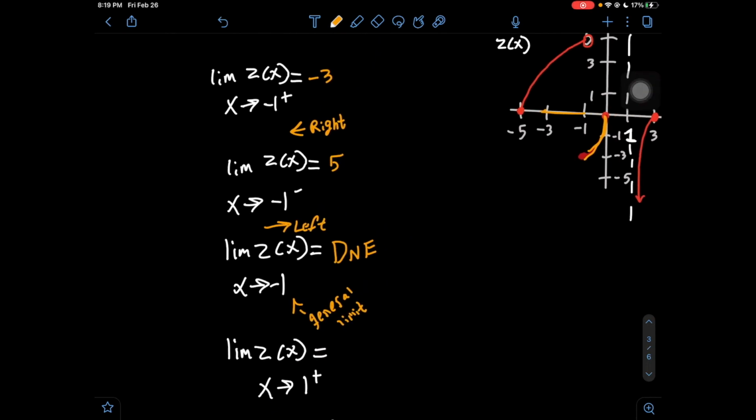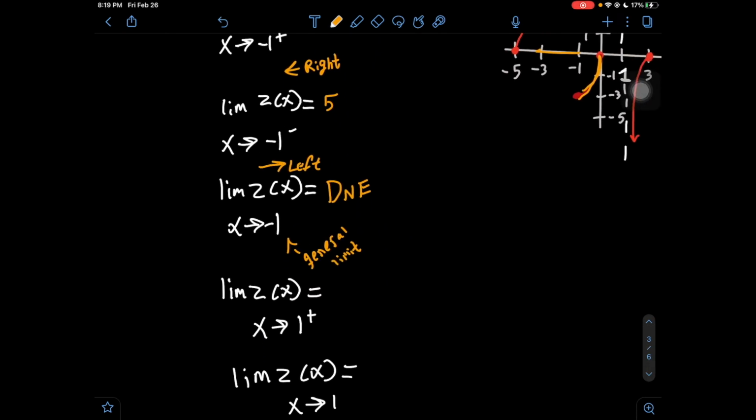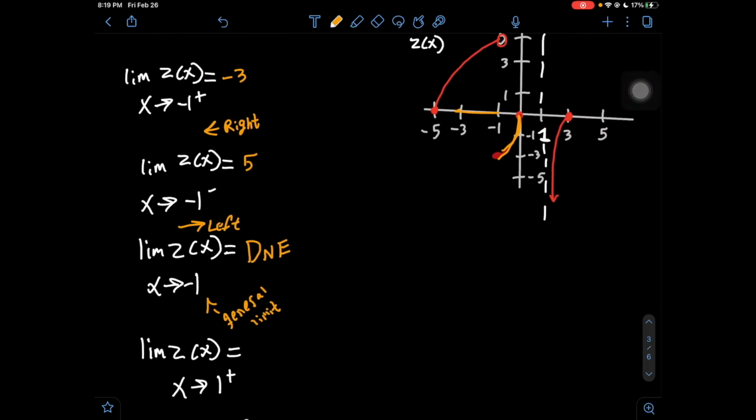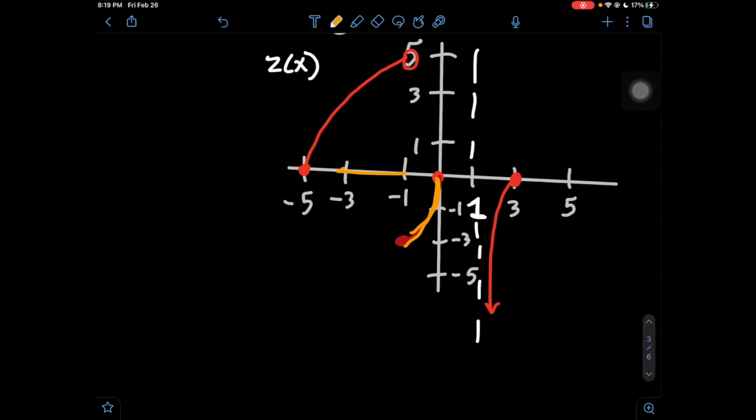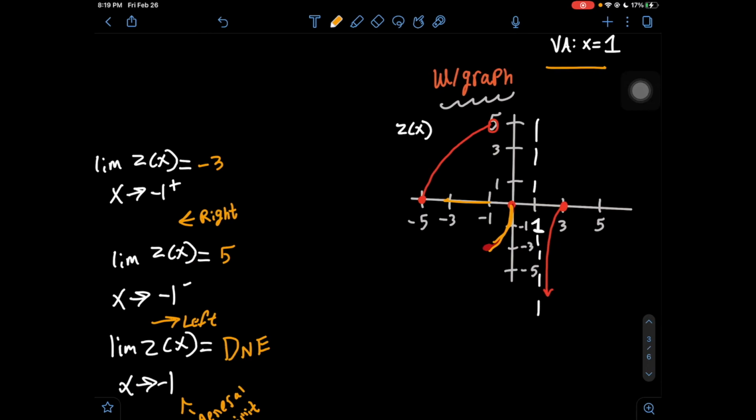Let's go to the next question, which is asking the limit of z as x approaches 1 plus sign, meaning from the right. So let's go to 1. We can see that at 1, we have that vertical asymptote. Well, there's actually a point that's going towards that 1. Although it may never cross it, as you can't cross that vertical asymptote, there's still a point going towards the -1.